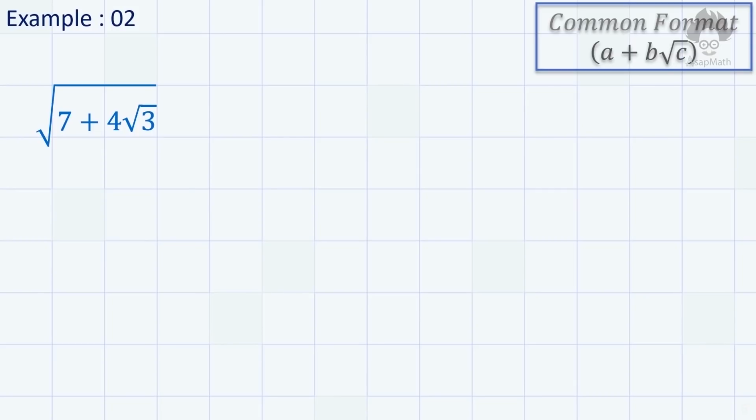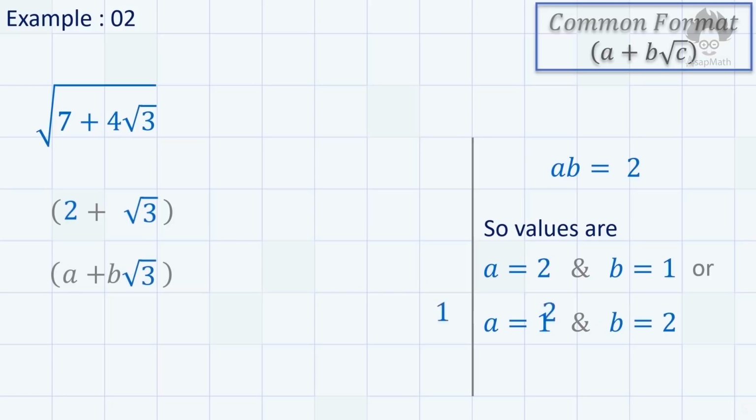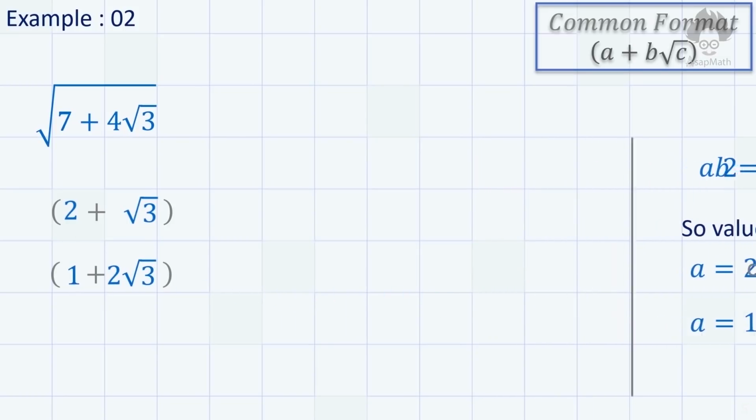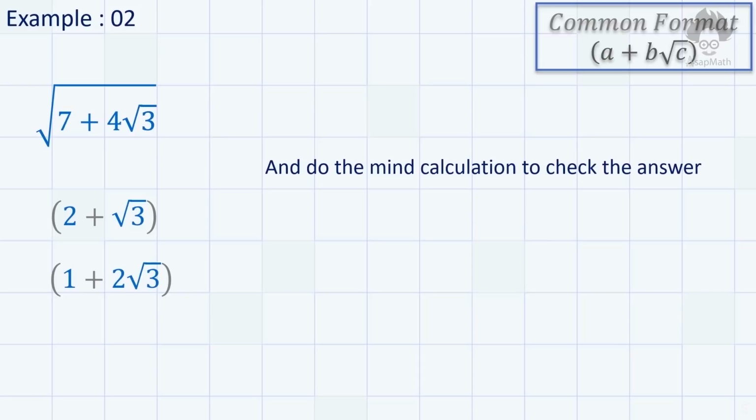Now let us see how can we obtain the answer for second example quickly. In this example, there are two possible set of answers for A and B. Now we have to do a little mind calculation to get the correct answer.